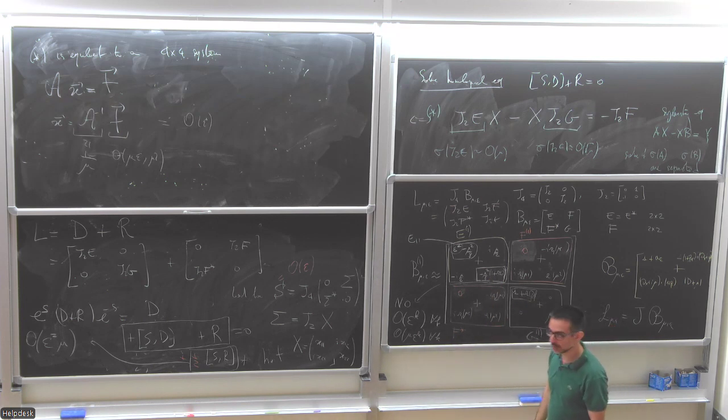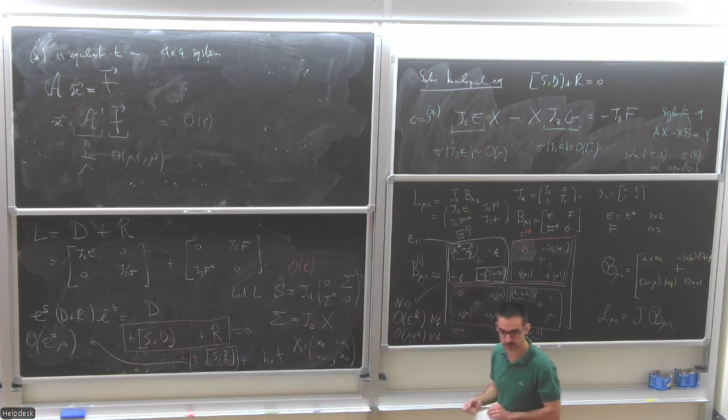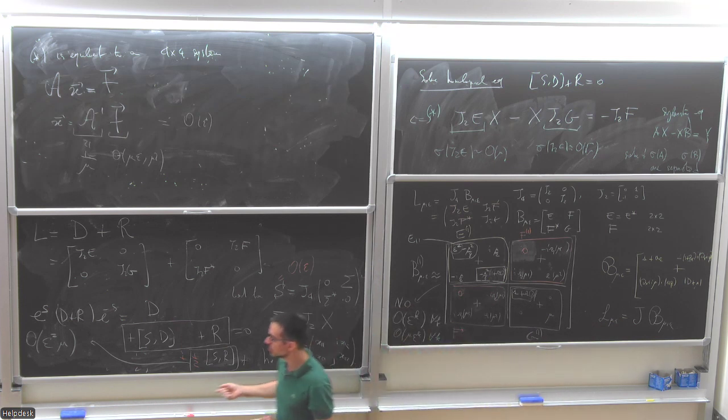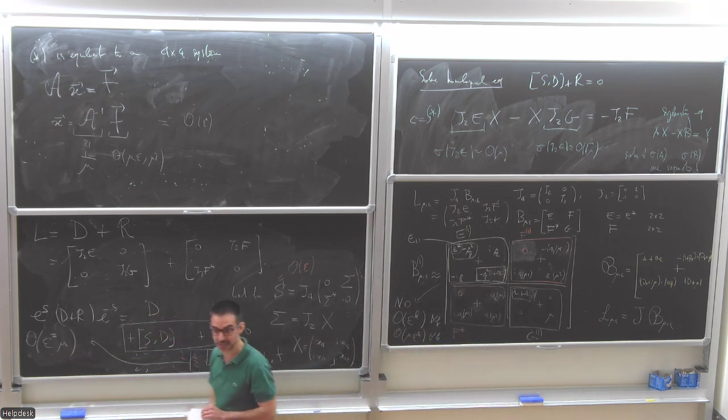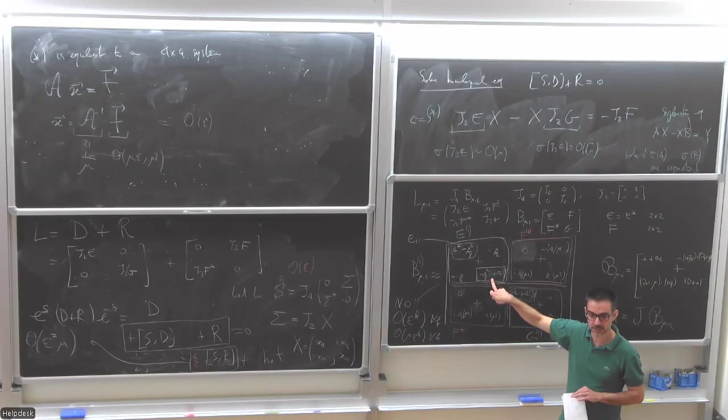this would be problematic. But fortunately everything is very explicit, so you can compute exactly the size of every element, and you realize that, okay, it's true, there are corrections of order epsilon squared mu, but never to this element.